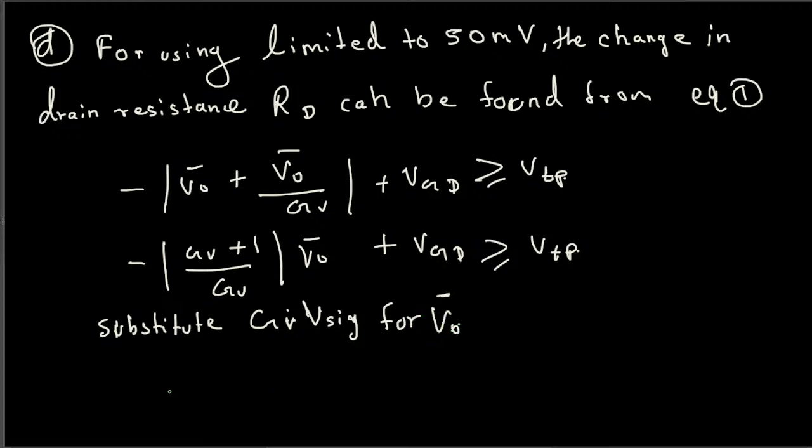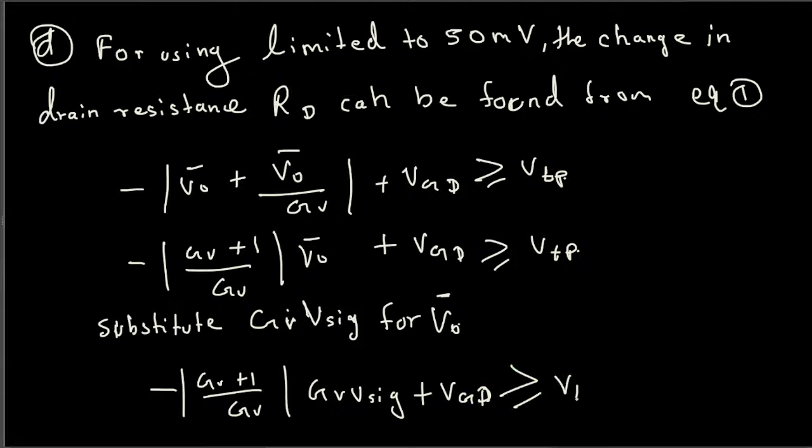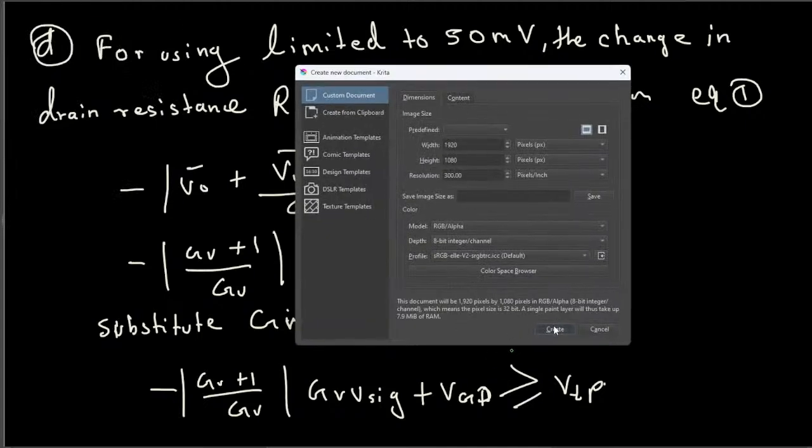If we do that, then this equation becomes GV plus 1 over GV, and this GV V naught becomes GV vsig, plus VGD, that's greater than VTP. Okay, let's go to the next one. Let's continue.